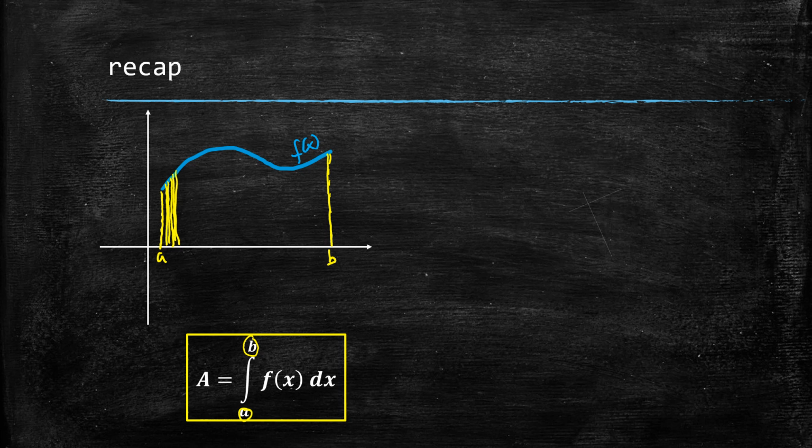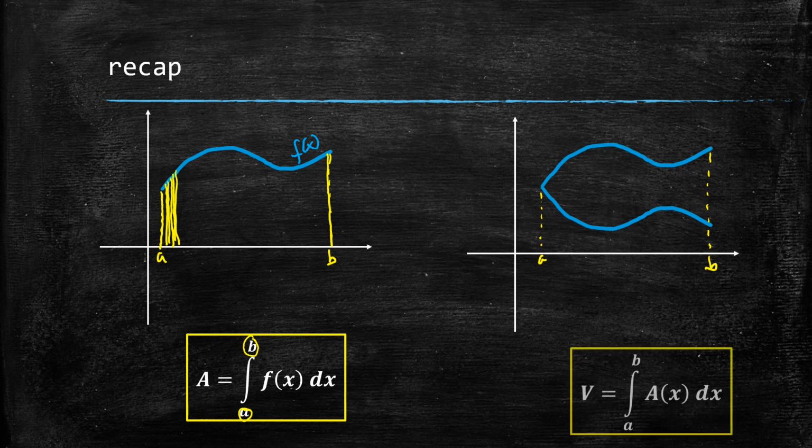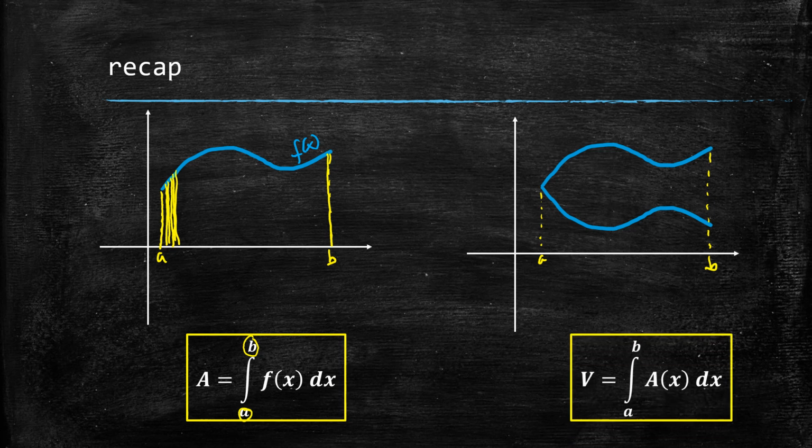In the same way, if we would like to work out the volume, let's create a three-dimensional solid. If we'd like to work out the volume of this solid from A to B, then the volume is the definite integral from A to B of the area of the cross-sections with respect to x.